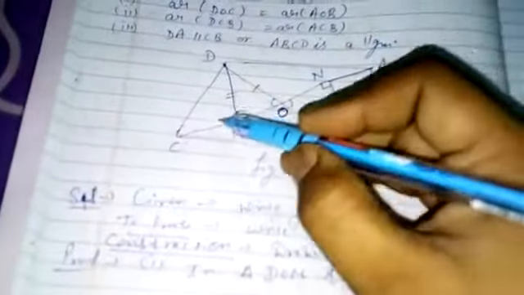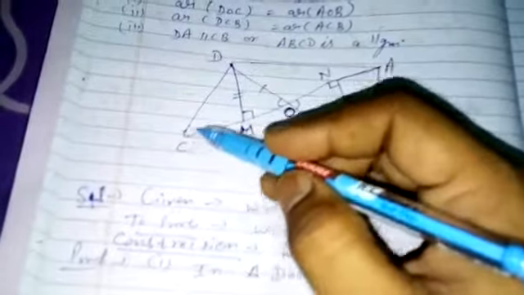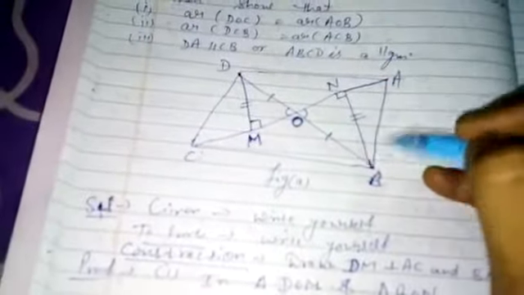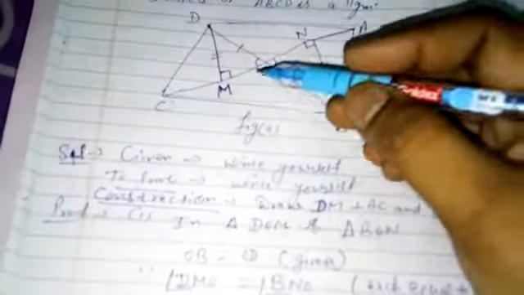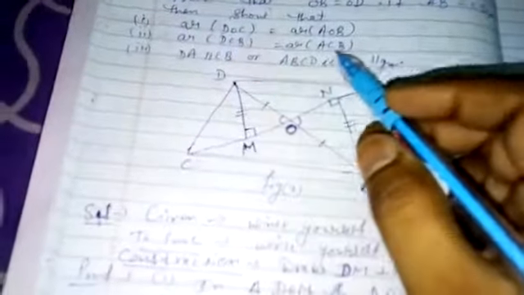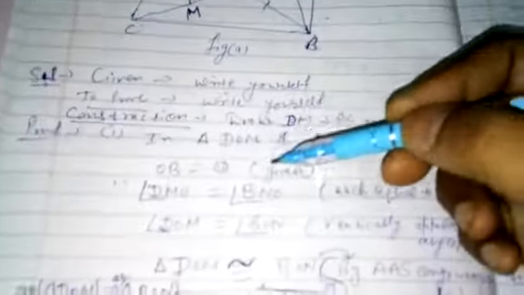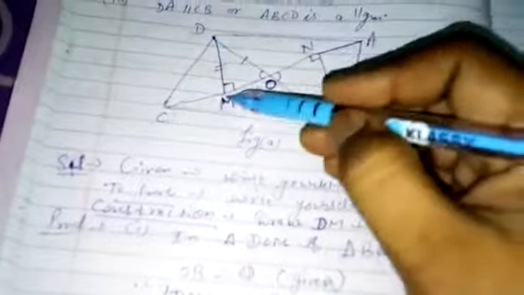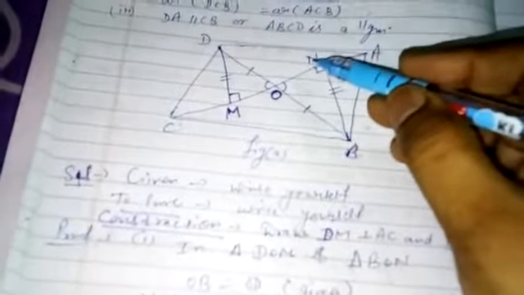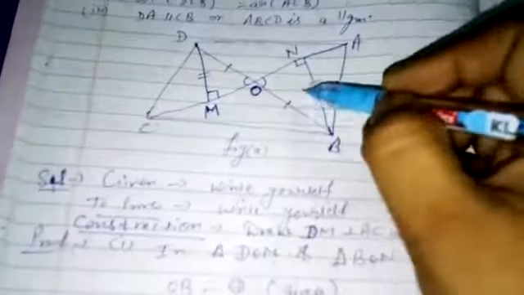If we prove these two triangles congruent, then we can prove area of DOC is equal to area of AOB. Let's see how. Firstly, in triangles DOM and BON, I am showing this angle in this triangle and in this triangle.